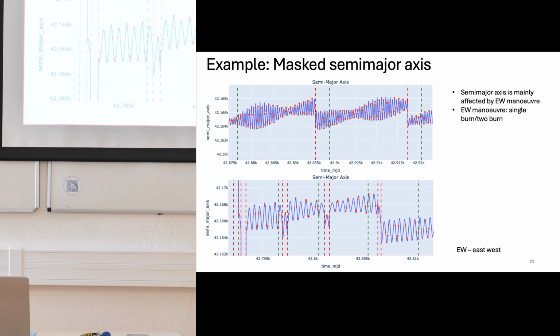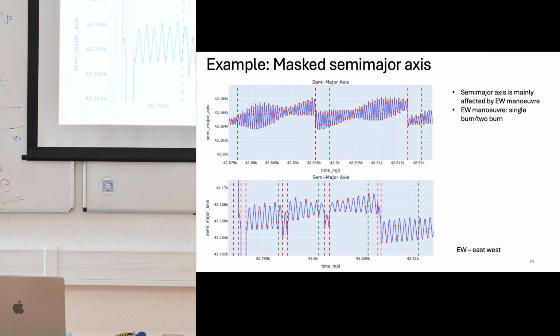In this case, the red line is an east-west maneuver, which is visible in the behavior of the semi-major axis, while north-south maneuvers are not affecting the semi-major axis. They manifest in other parameters such as inclination.